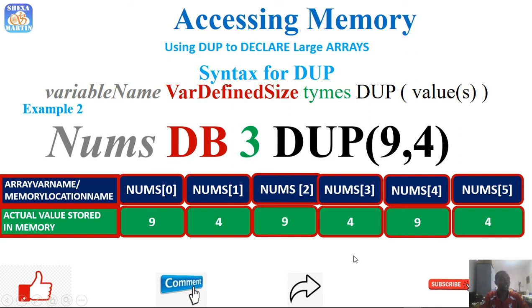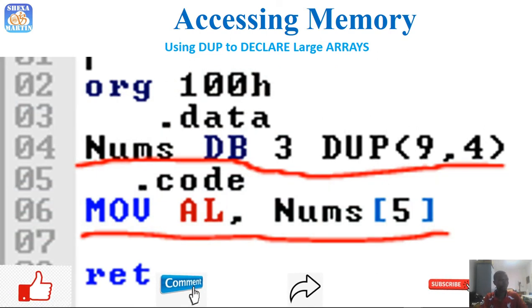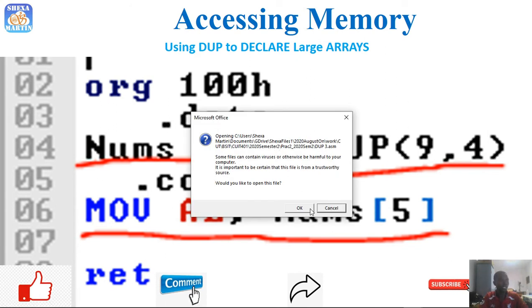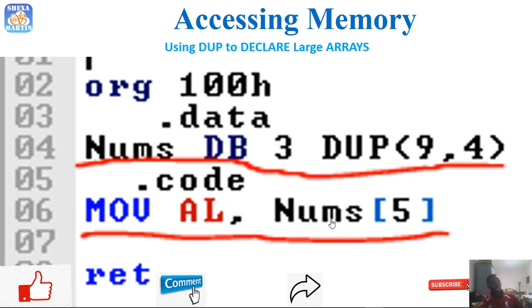So if you want to access the value at nums index 4, what do we get? Right, so these are the instructions, the ones that are underlined there. This time the code that is appearing here is the correct one. So let's run it.